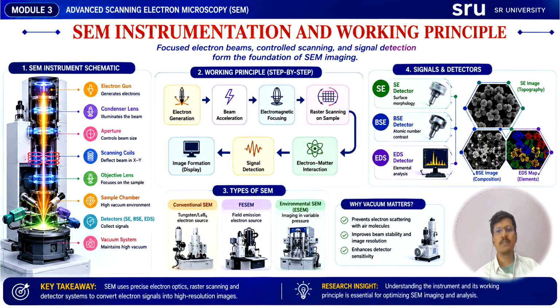The third one is environmental SEM, which allows us to generate images of samples under a controlled gaseous environment. These are the three different kinds of scanning electron microscopes used in materials research.